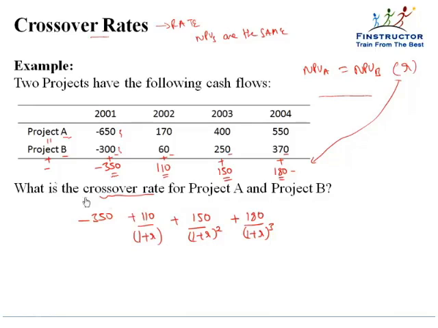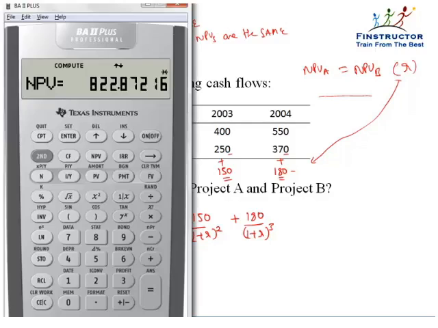That is, you need to compute the IRR of this hypothetical project C, whose cash flows are nothing but the difference of the cash flows of project A and project B. So let's do it. Go back to your cash flow sheet again and first clear work. The initial cash flow will now be entered as negative 350.